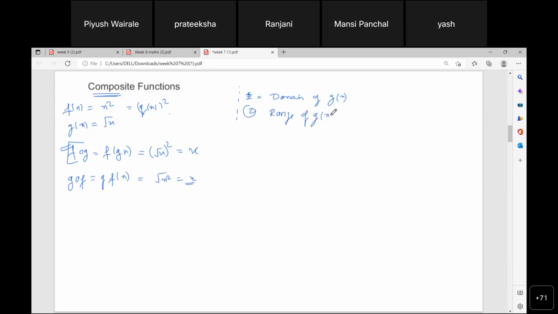This range of g of x will become the input for f of x, right? Then we have to find out the domain of f of x. Then we have to check certain two conditions. So anyone know how to find out the domain of any composite function?